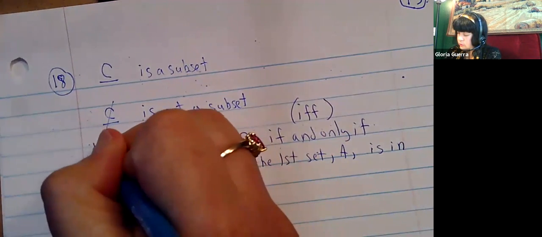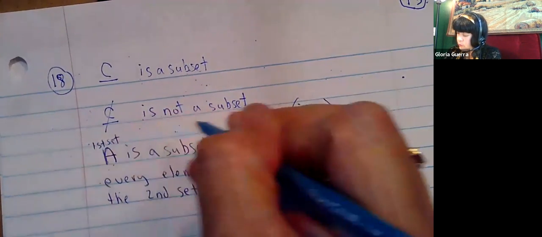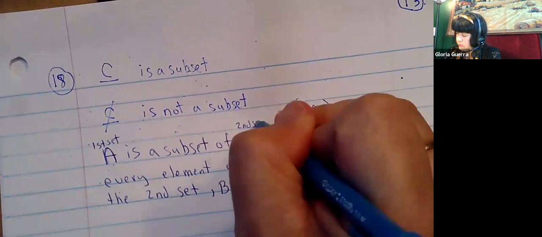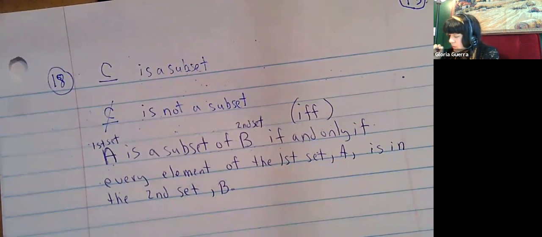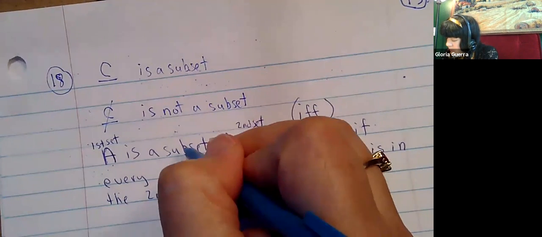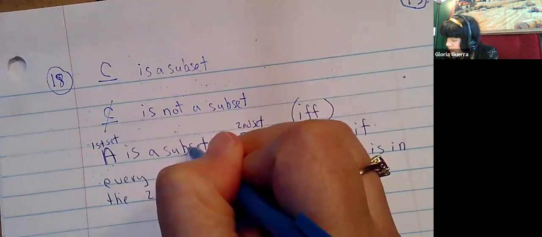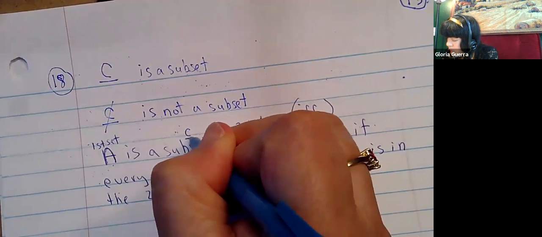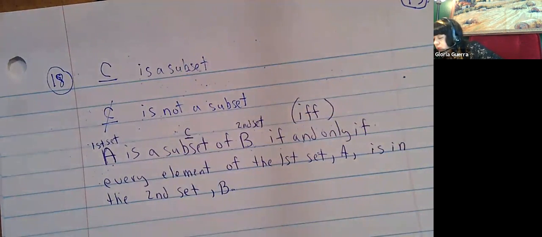Okay, so this is the first set. This is the second set. So A is a subset, and again, the symbol for subset is this. So I'm going to learn that. The first set is a subset of the second set if and only if every element of the first set, A, is in the second set, B. Okay.